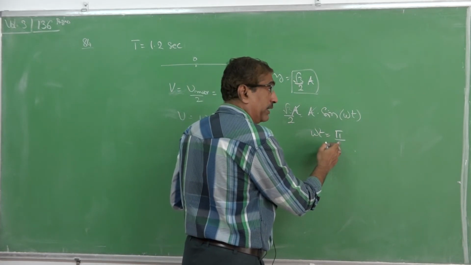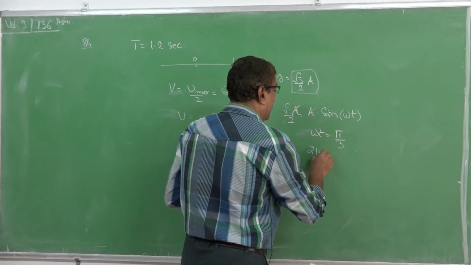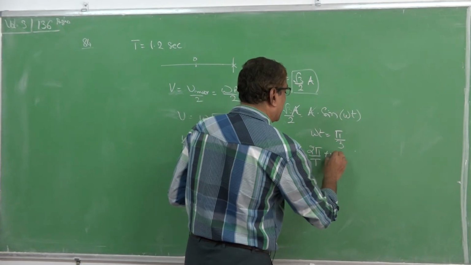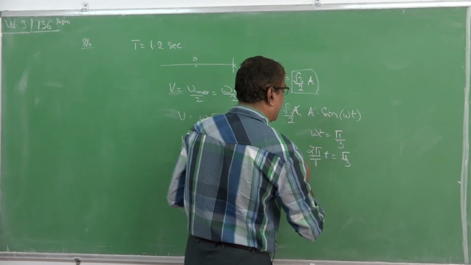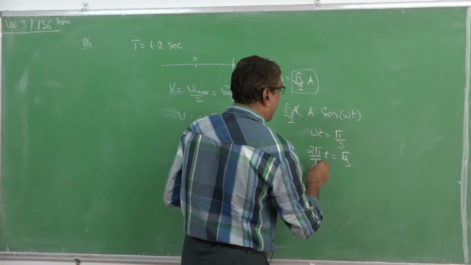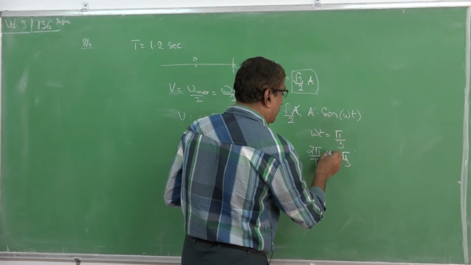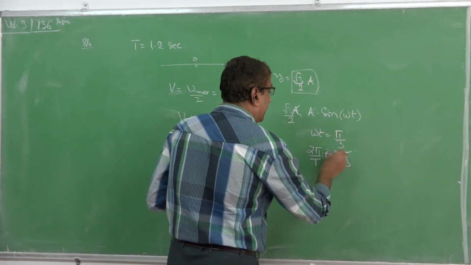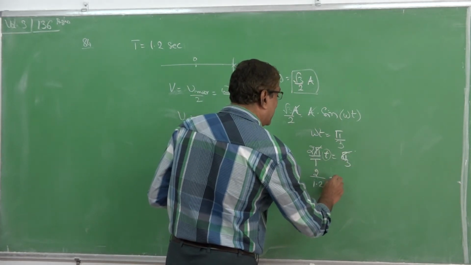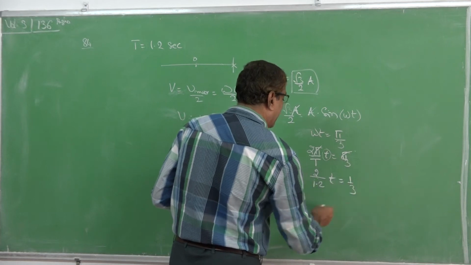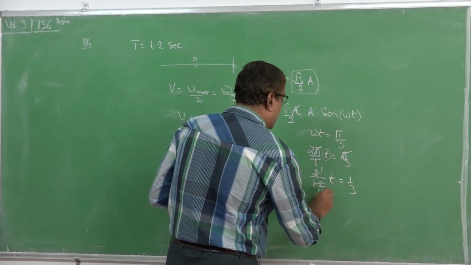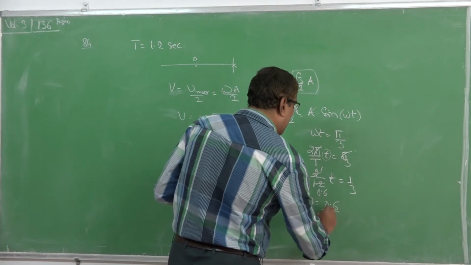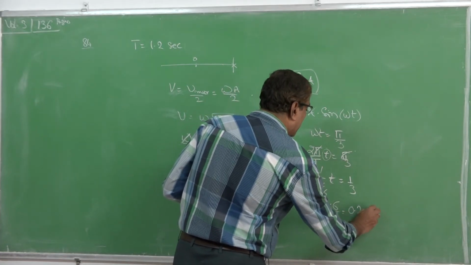So 2 pi by capital T into t is equal to pi by 3. Now we have to calculate this time t. The time period is given, pi will get cancelled, that is 2 by 1.2 into t is equal to 1 by 3. So t is equal to 0.6 by 3, that is 0.2 seconds.